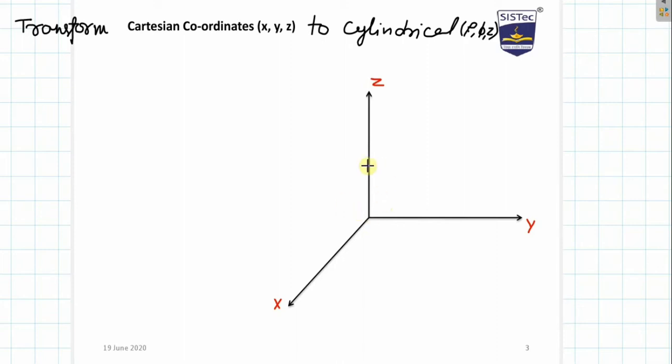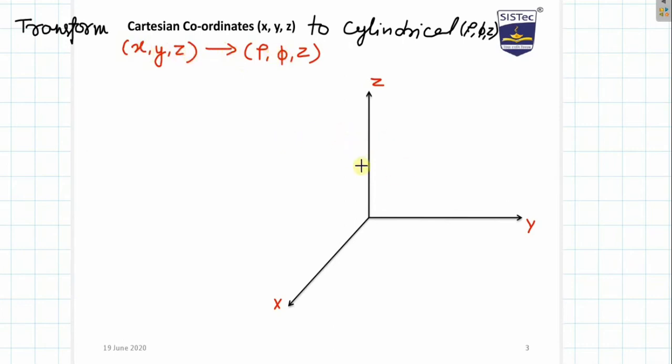Okay, so let's start how we can derive the formula to transform this Cartesian coordinates to cylindrical coordinates. Means we are actually trying to have the conversion formula for this Cartesian coordinates to this cylindrical coordinates, that is rho, phi and z. Means if some vector A is given in the Cartesian coordinate, then we have to transform it to cylindrical coordinate or vice versa. Okay, so first we are discussing x y z to rho phi z.